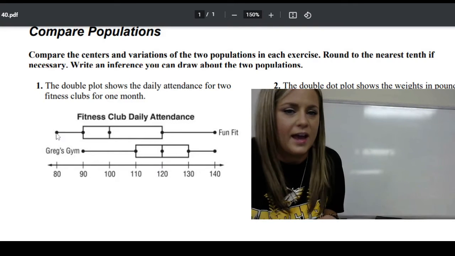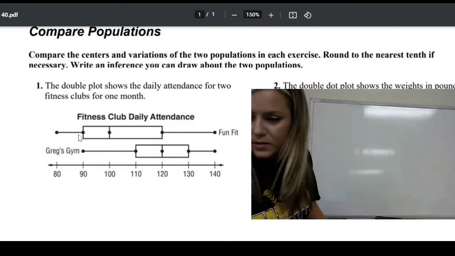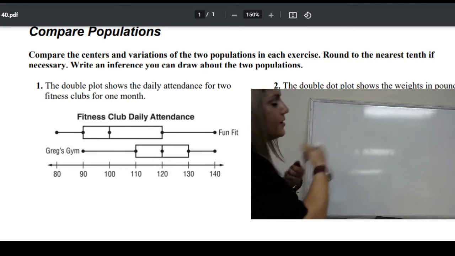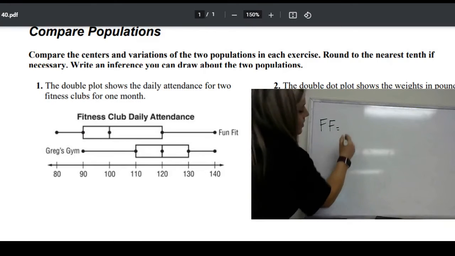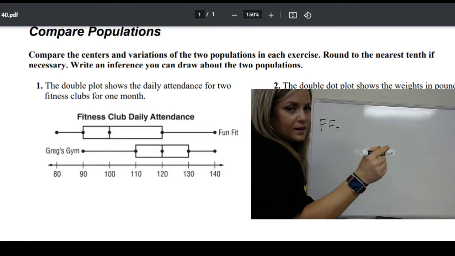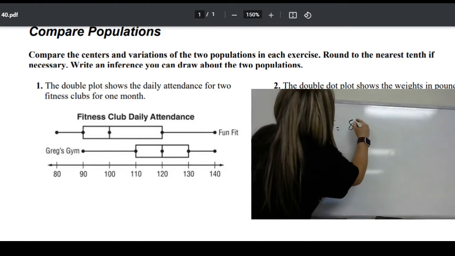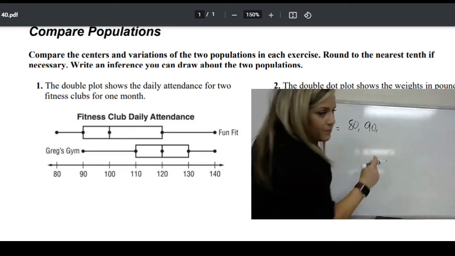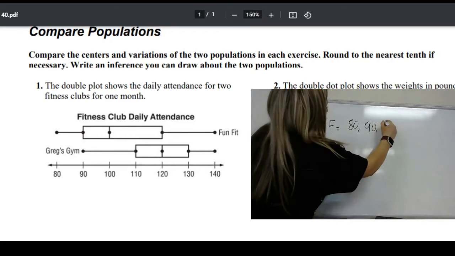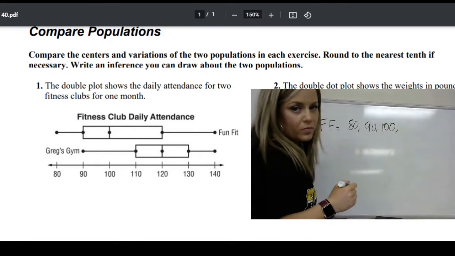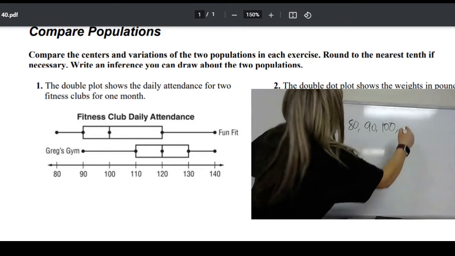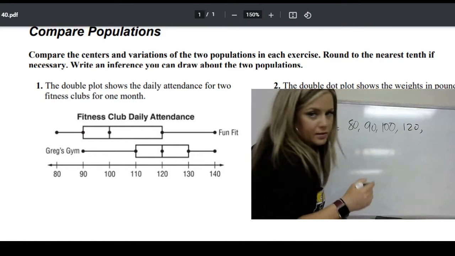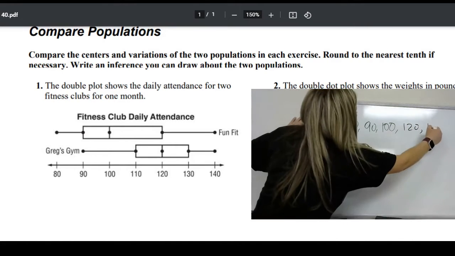If you say 80, 90, so if we did this, let's see. Fun Fit, sorry. I'm going to put FF for Fun Fit. So we have 80, 90, 100, 120, 120, and 140.